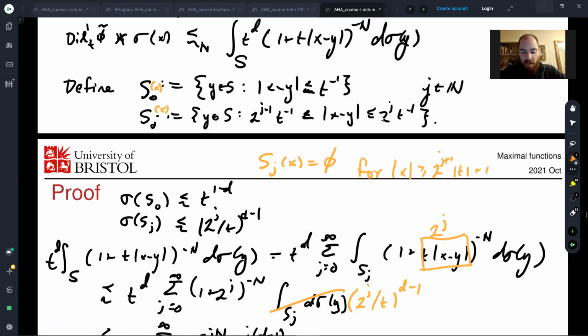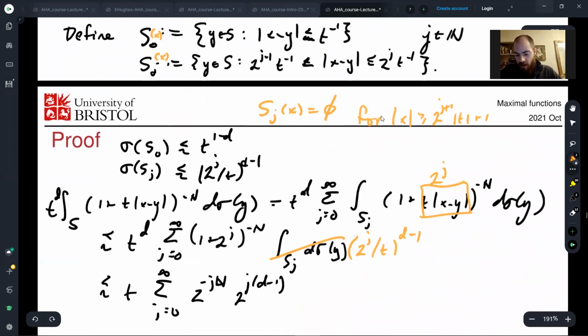All right, so I've cut the sphere up into these different regions, but most of them are actually empty. And only finitely many of them are not empty. Okay, and so that ends up giving us this localization where I get to multiply this whole thing times the characteristic function of that ball.